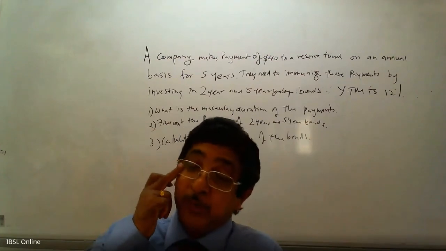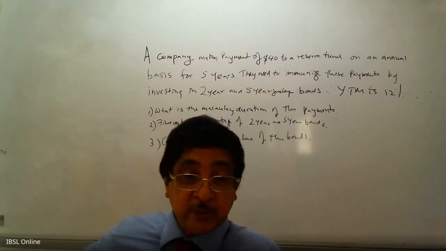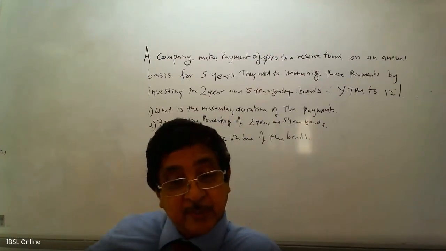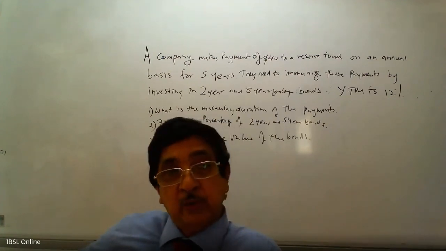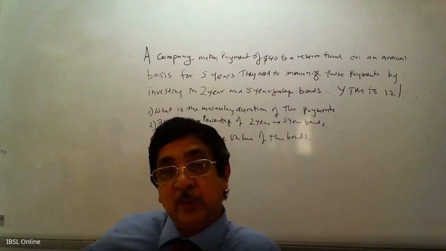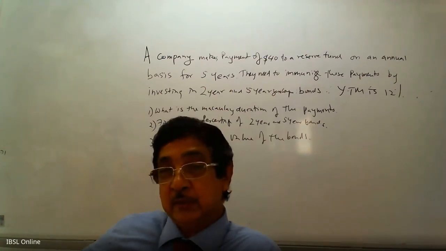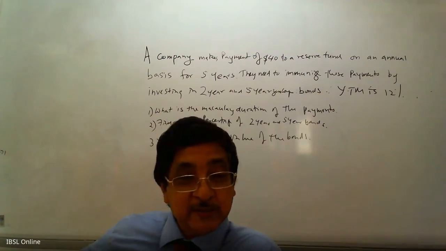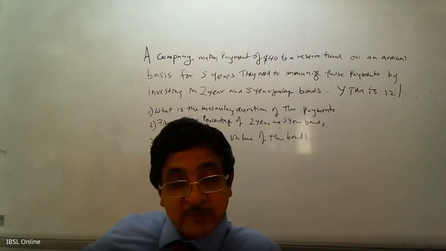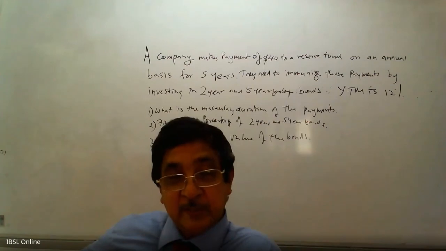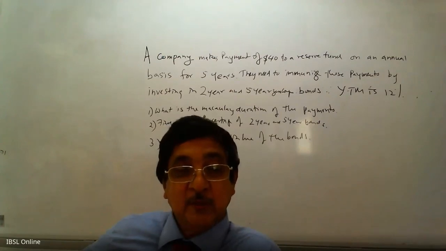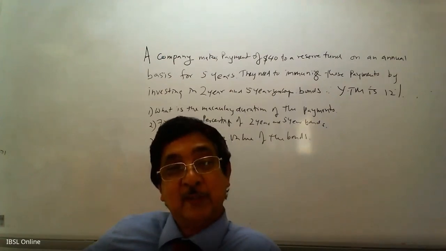Anyway, from next time onwards, I will try to discuss the past question papers. We have already completed the capital asset pricing model, risk and returns, capital market theory, efficient frontiers, then bond valuations, accrued interest, dirty price, clean price, then duration, convexity, immunization, portfolio strategies, and all sorts of things.